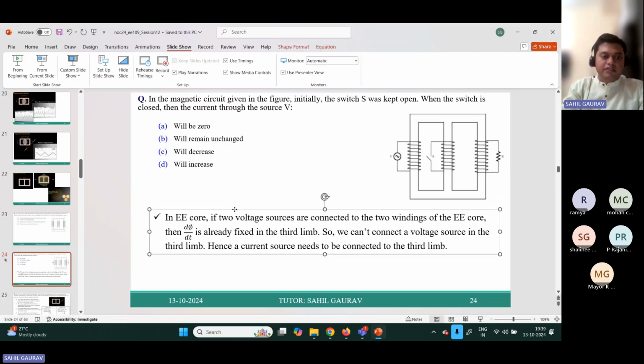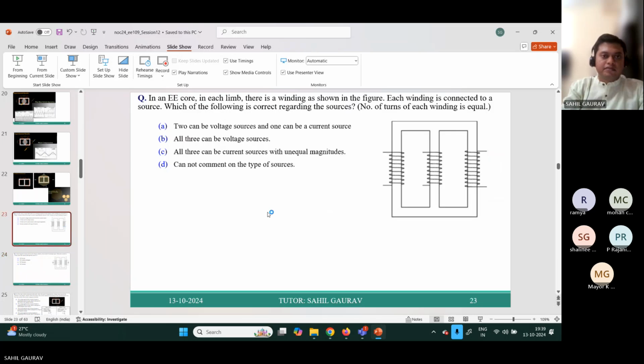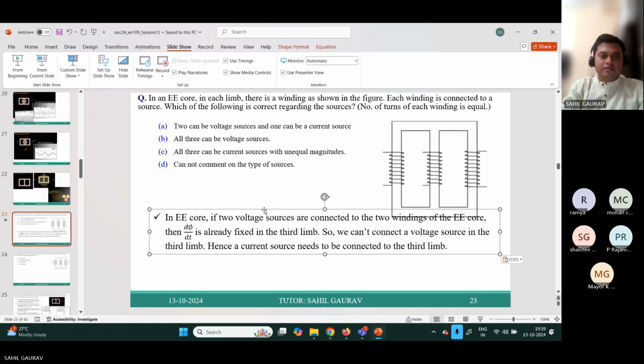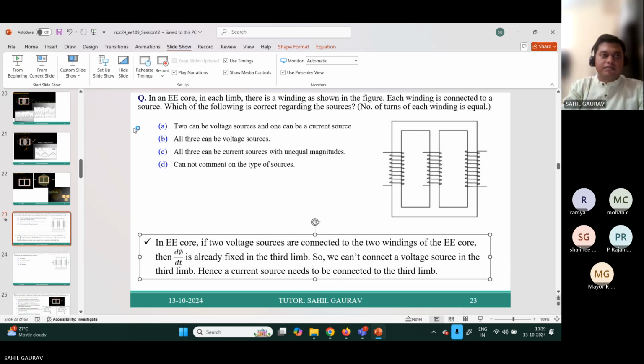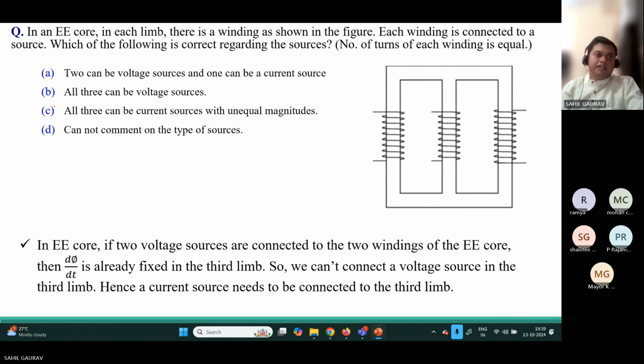So the answer is two can be voltage source and one can be current source.